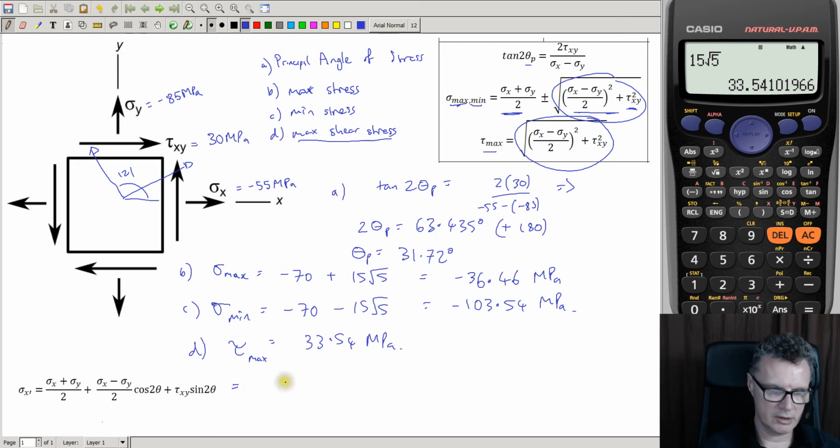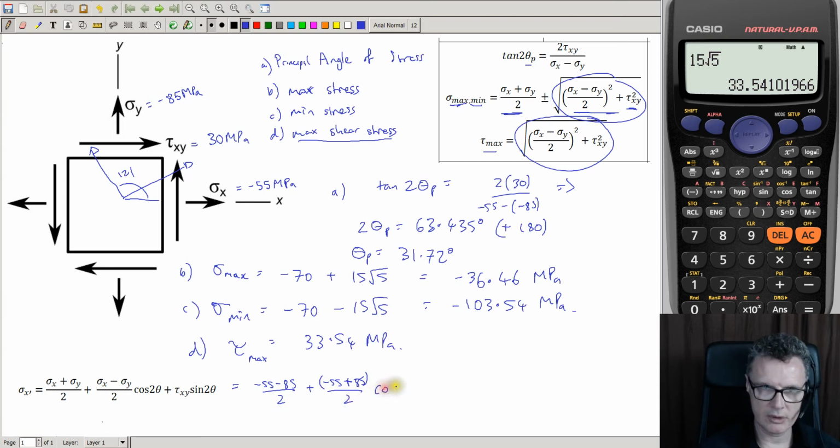And we are going to say our original stress values are minus 55 minus 85 over 2 plus minus 55 minus minus becomes a plus 85 over 2, and we're going to transform it that angle.